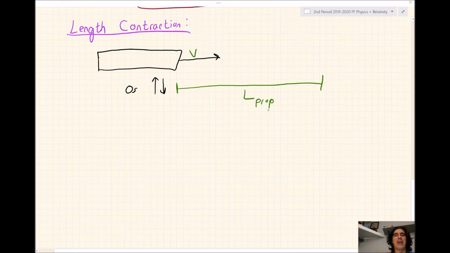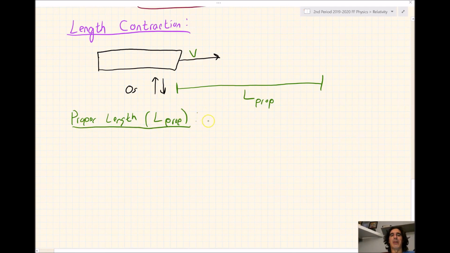And let's define it as the proper length. So the proper length we'll call L prop, is similar to proper time.